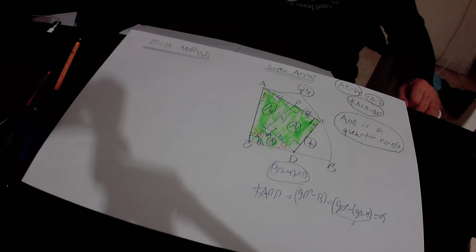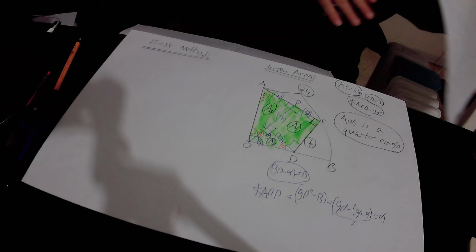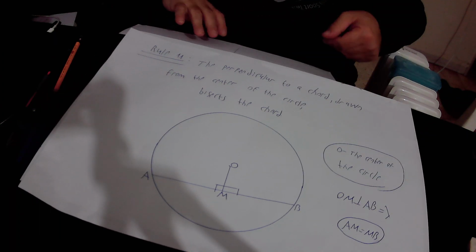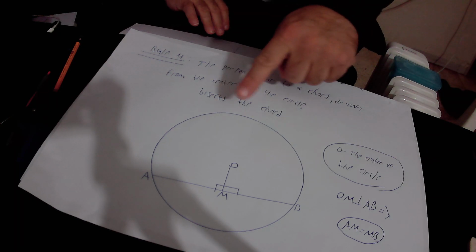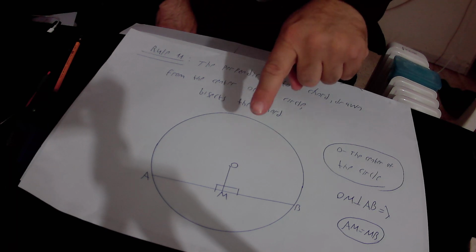So here we have rule number 11. According to rule number 11, the perpendicular to a chord drawn from the center of the circle bisects the chord. Point O is the center of the circle. From point O we draw perpendicular OM.